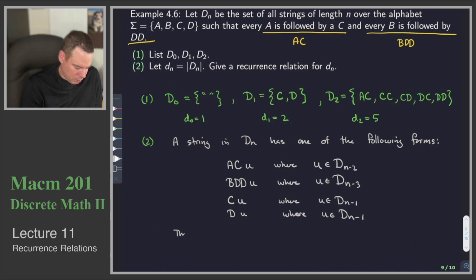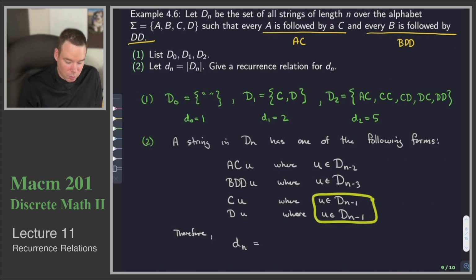And so from this, how many words are there going to be of length n? There's going to be the ones that are built from words of length 1 less by appending a C or D to the front of them. So of the Dn minus 1 words of length n minus 1, we could stick a C or a D in front of them.